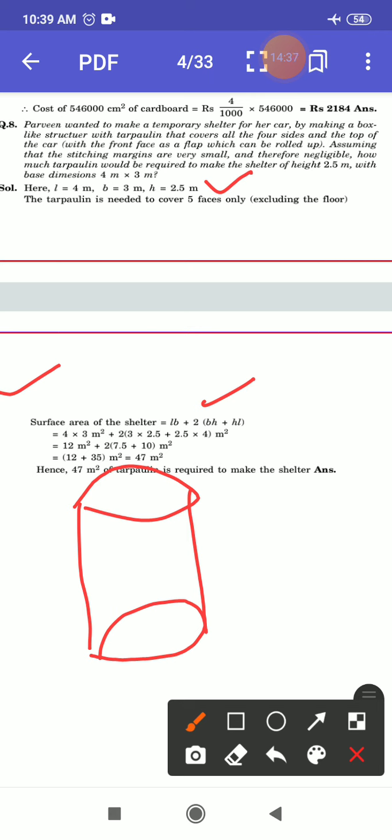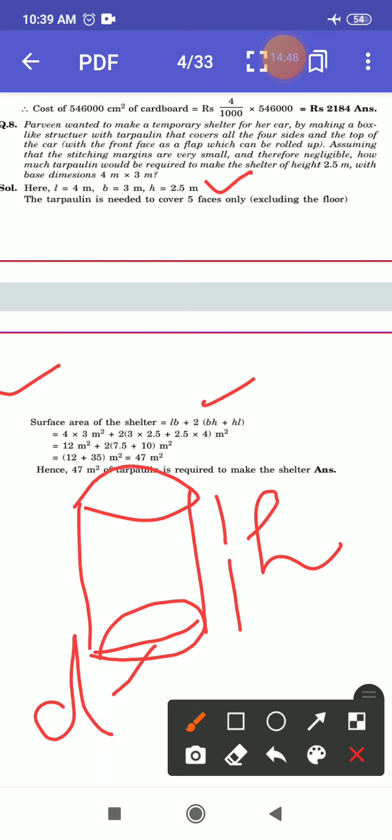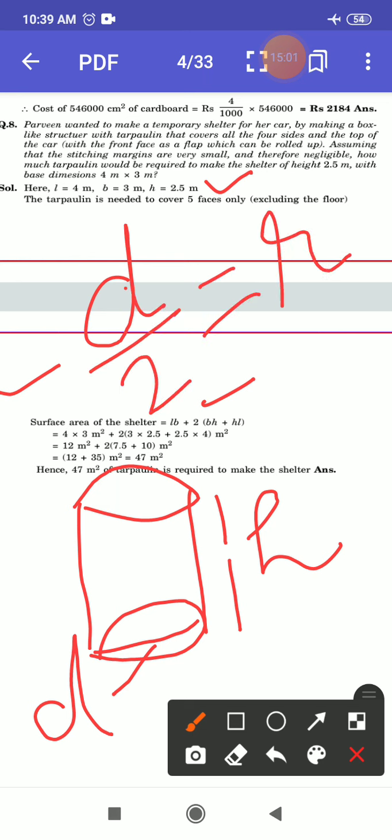And in the cylinder you have 2 dimensions. This dimension is height and this dimension is diameter. And you know this dimension is diameter, then you have to find the radius. Radius is equal to d upon 2, that is, half of a diameter is called a radius.